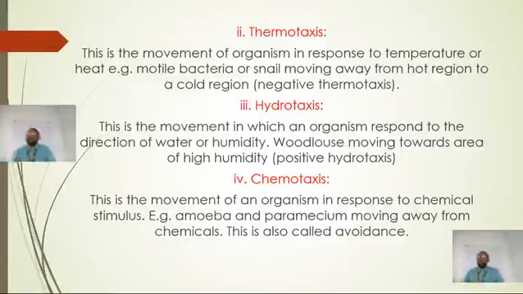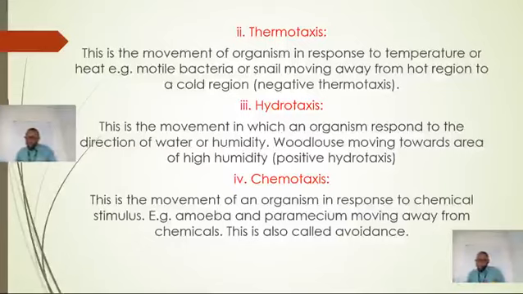The whole organism is moving toward a chemical, from the word chemo, chemicals. Don't forget, for some organisms the chemicals can be injurious. When they respond to a chemical, they can respond either positively or negatively.